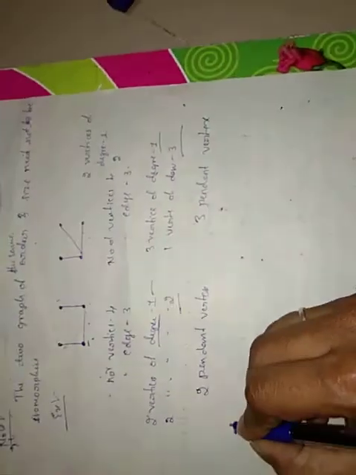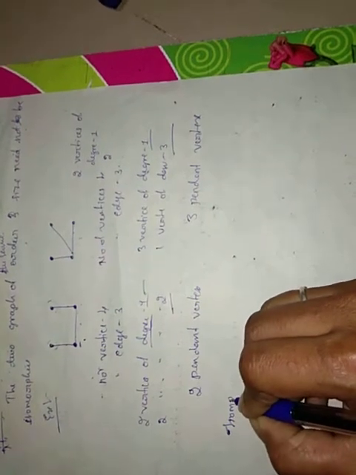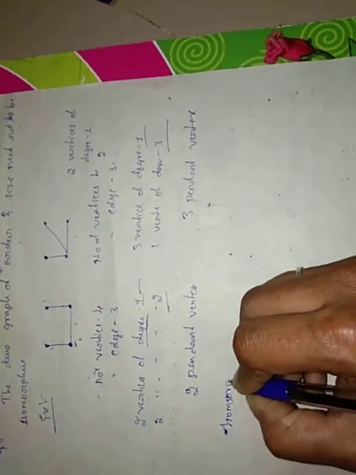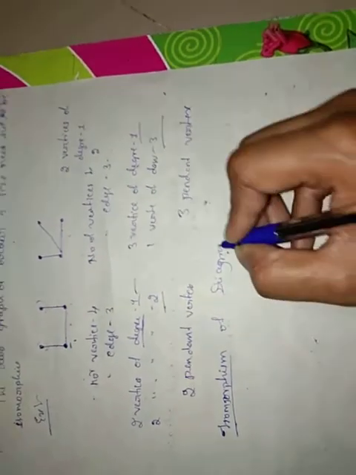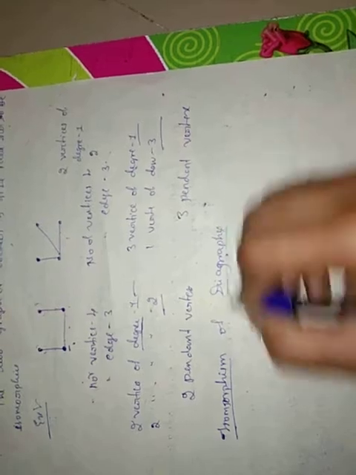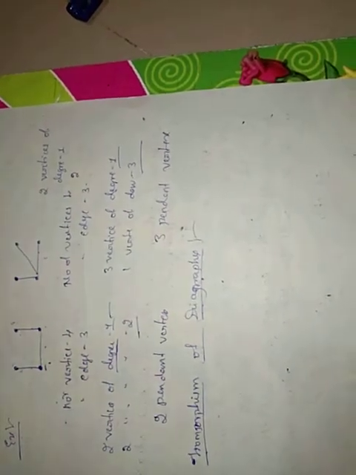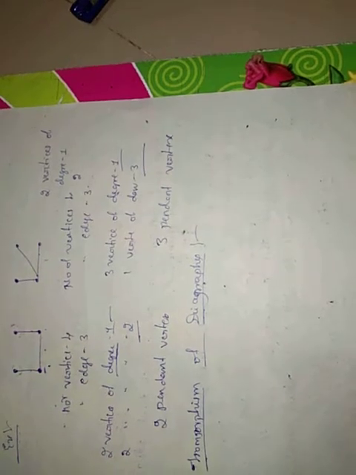And next I am moving to the isomorphism of digraphs. Digraph means we already know that in digraphs the edges will be directed. Clear? The directed edges will be preserved.